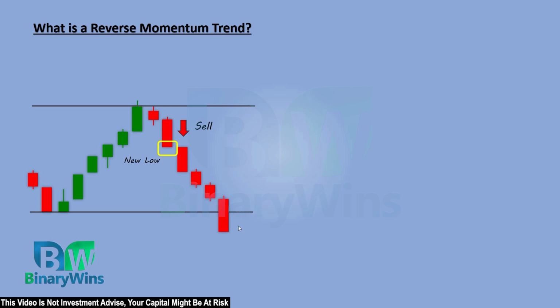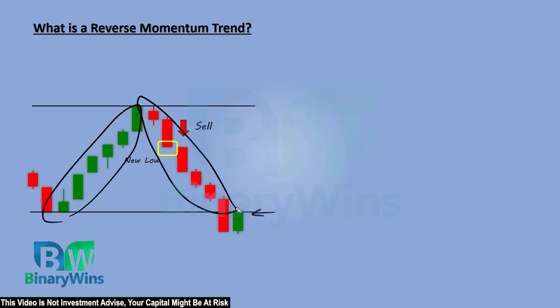Either it breaks the level and continues on its path, or, since we have a powerful and important level, because the trend's momentum reached this level, which means this level is an important level for us, most likely a fake breakout will happen and the next candle will return to the level.